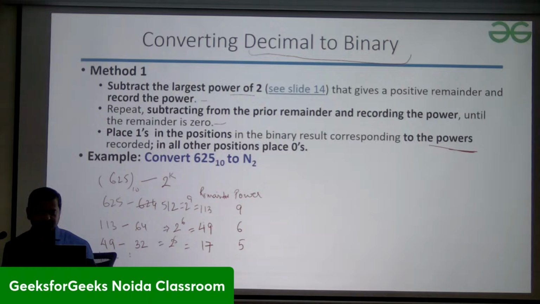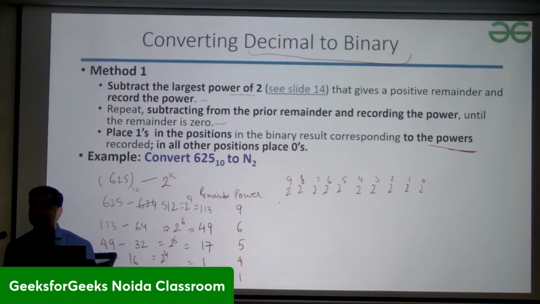So 17 minus 16, that is 2 to the power 4. Remainder is 1 over here, and that is, remainder is this 1 minus 2 to the power 0, 1 minus 1. Okay, that is 2 to the power 0. So the remainder is 0. So just write down the positional value of this. I have just shown you that it is 2 to the power 0, 2 to the power 1, 2 to the power 2, 3, 4, 5, 6, 7, 8 and 9.